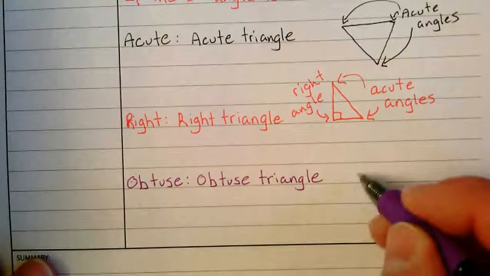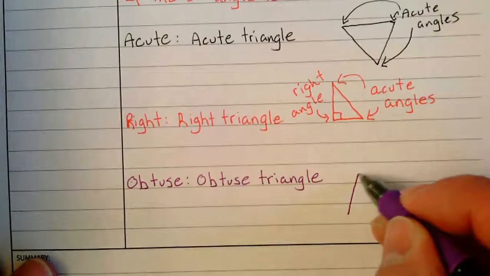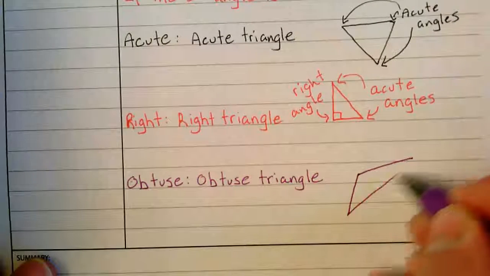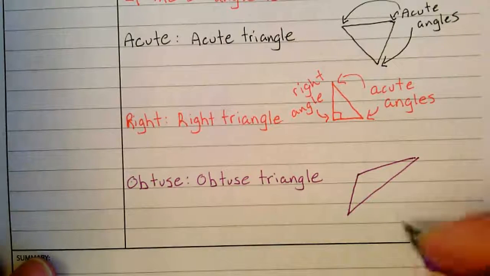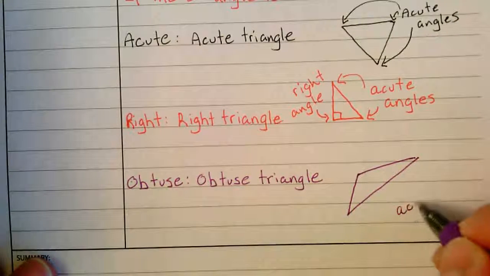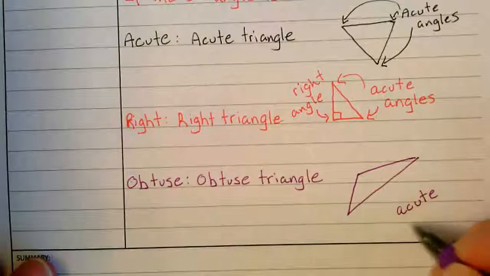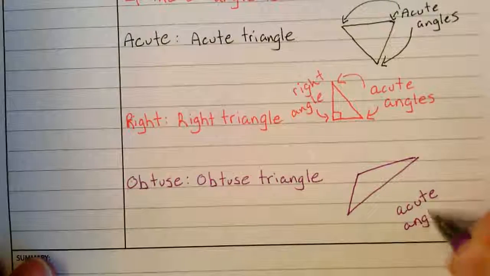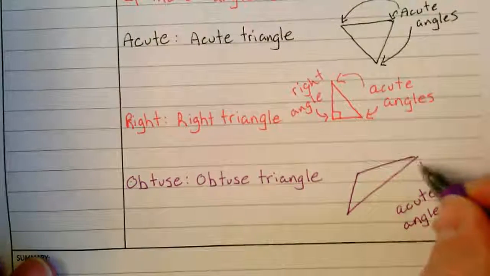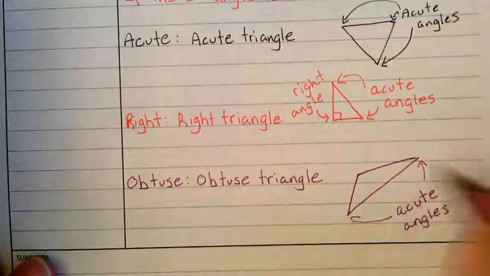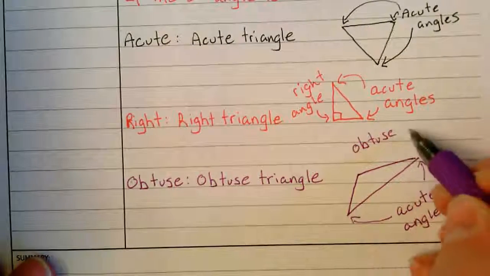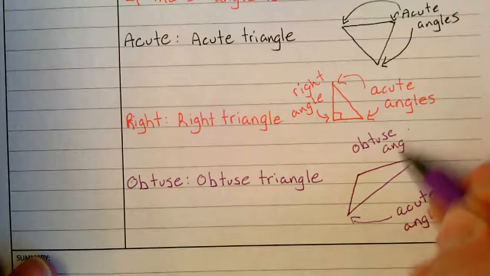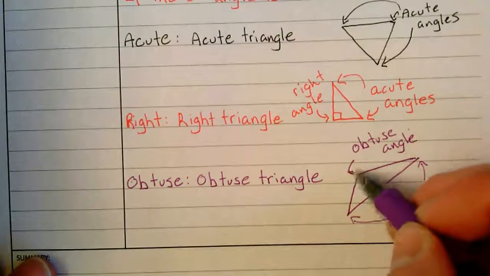So that might look something like this. And here we have acute angles here and here, and an obtuse angle here.